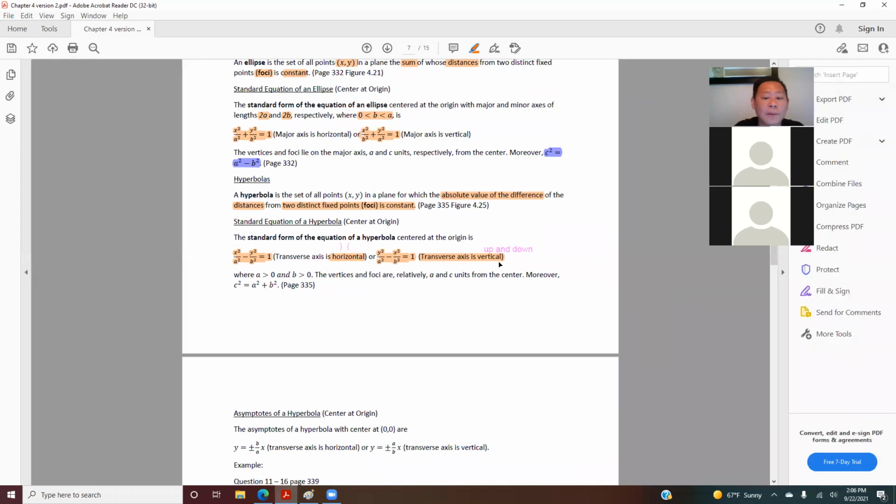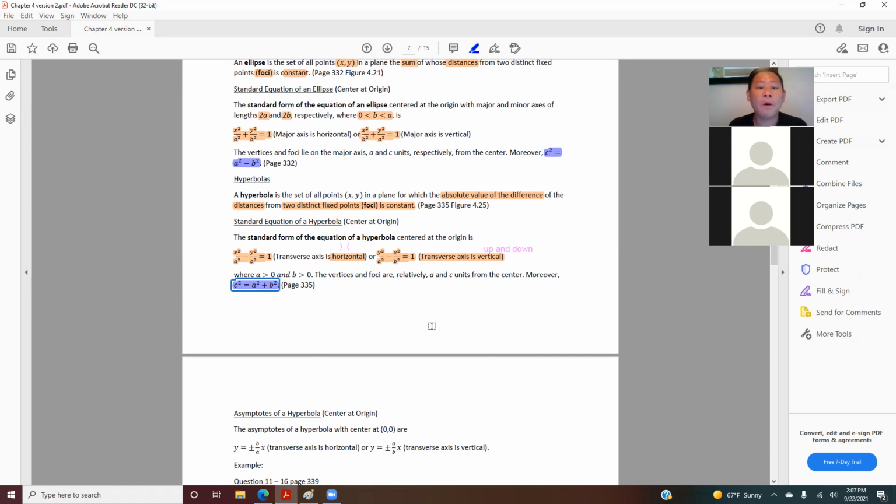For the hyperbola it's no longer minus, it's plus. It's actually exactly the same as the Pythagorean theorem, a squared plus b squared equals c squared. That is your hyperbola. A lot of students get these two mixed up, and if you get these two mixed up, then your C will be wrong.